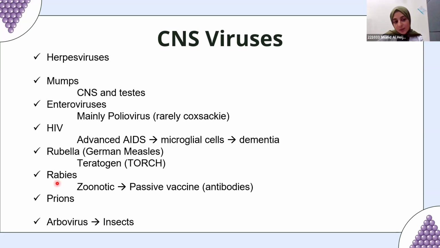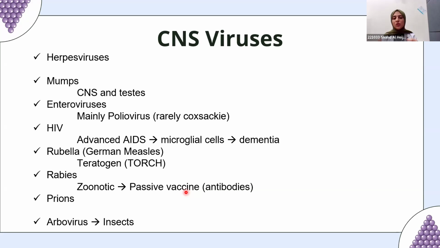So next is rabies. Rabies is a zoonotic infection, as we mentioned. So zoonotic infection means it jumps species. So it can jump from animals, from a dog bite, to humans. And for that, you have a passive vaccine. Passive vaccine means you do not give them the causative agent itself.